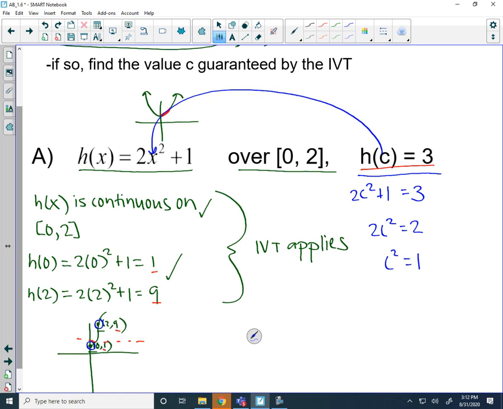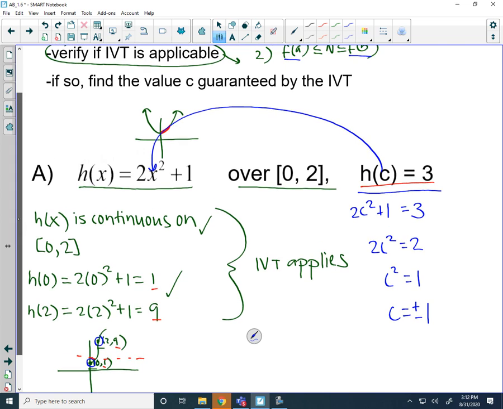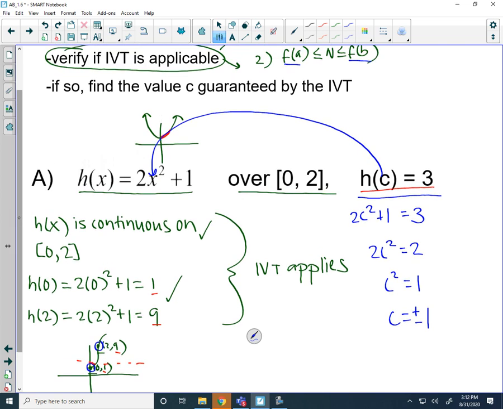So solving for C gives us plus or minus 1. Just be a little careful. C is an x value between A and B. So any C value that we find in this problem has to be a number between 0 and 2.